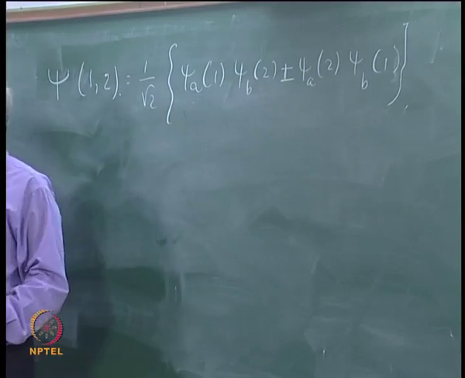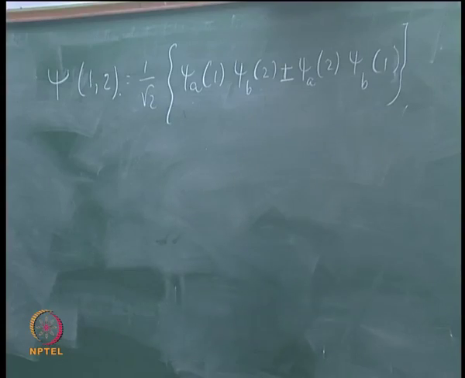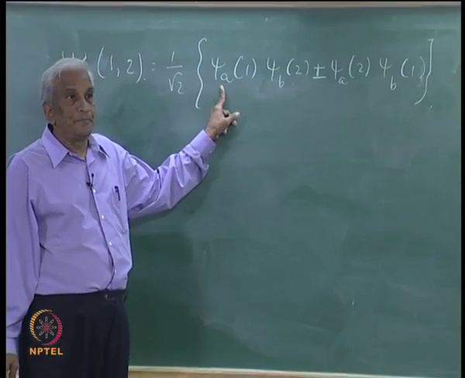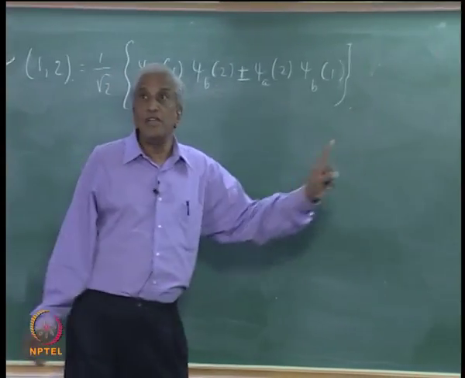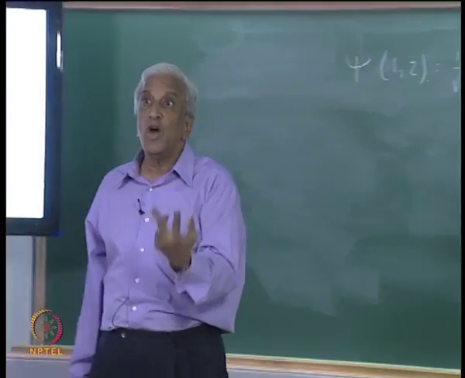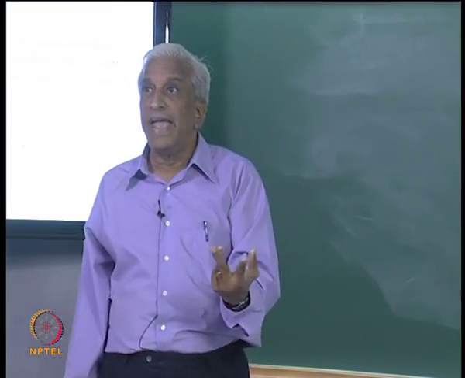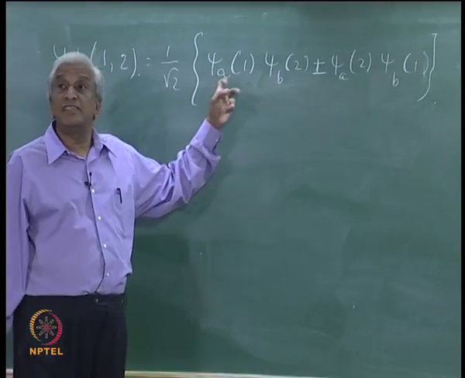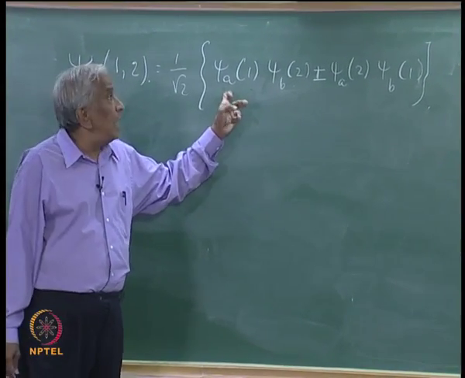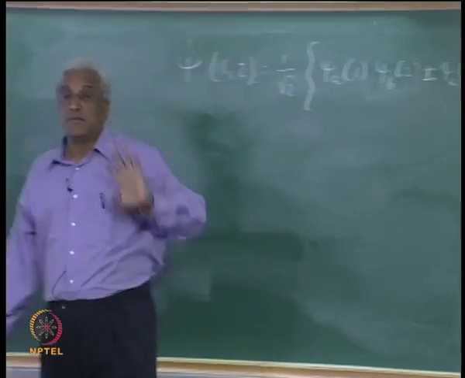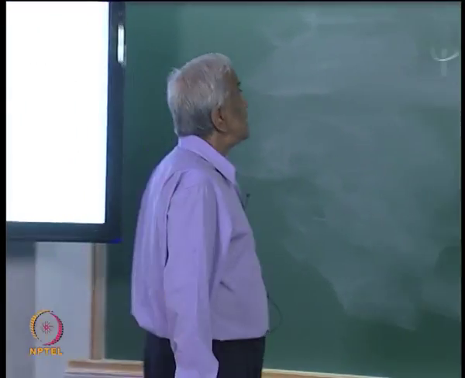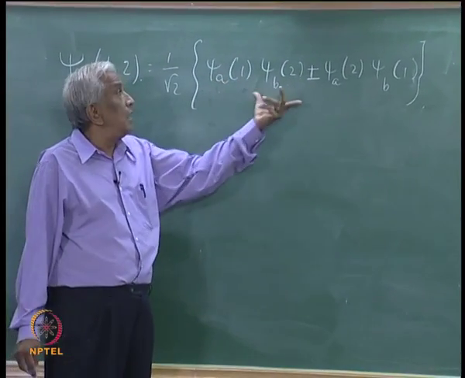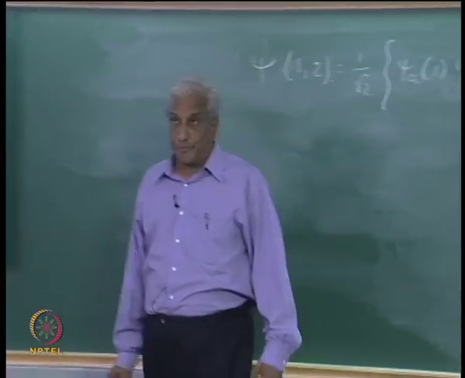ψa(1) means electron 1 belongs to atom A. In the hydrogen molecule, we have two hydrogen atoms, one is called A, another is called B. So, we can have electron 1 sitting with atom A and electron 2 sitting with atom B. Such a state is called ψa(1) for electron 1 and ψb(2) for electron 2.